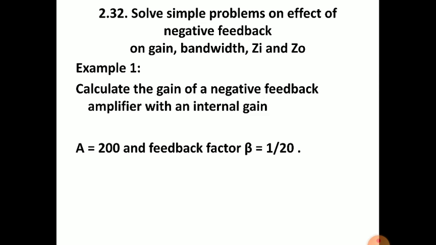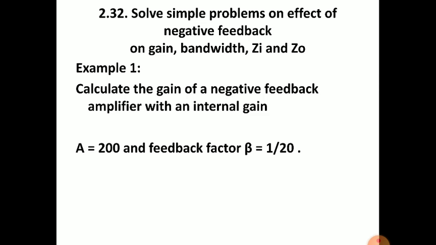We can go for bandwidth, input impedance and output impedance also, because input impedance depends on the mixing. For series, Zi is equal to Zi into the factor 1 plus A beta. For shunt, Zi is equal to Zi by 1 plus A beta.